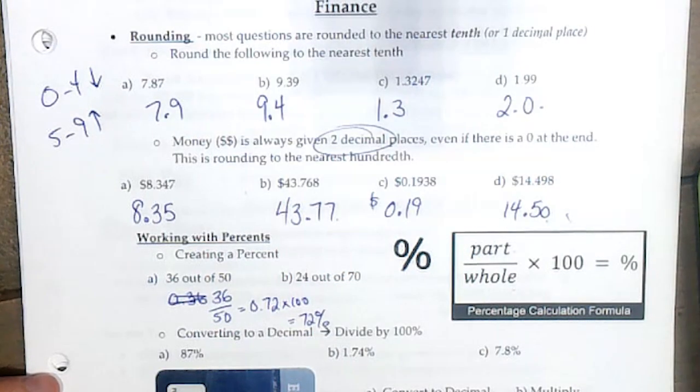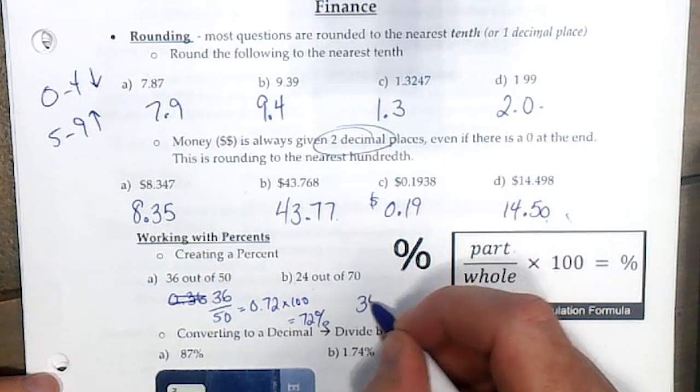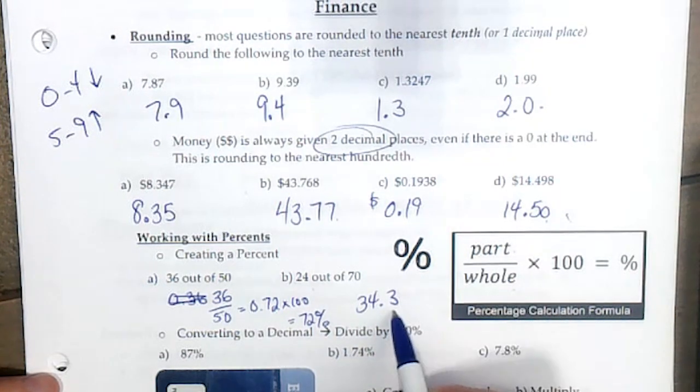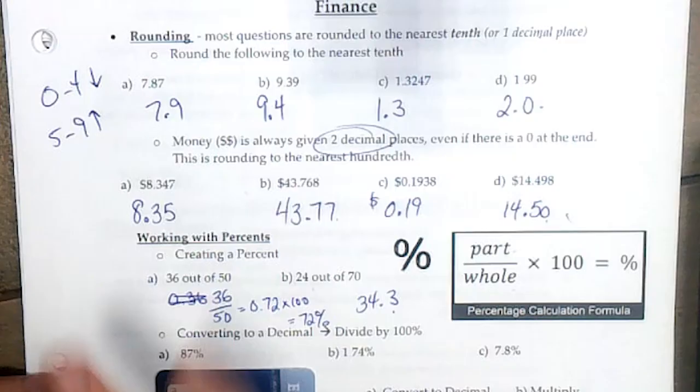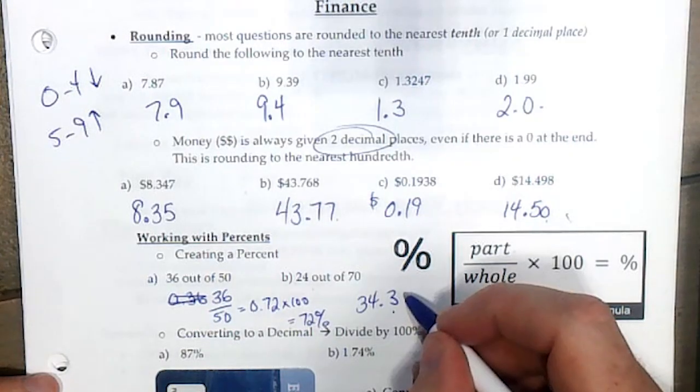So we get 72%. Same thing, 24 divided by 70 times 100. And I'm going to round this to 1 decimal place. All the questions, unless it's money, keep 1 decimal.